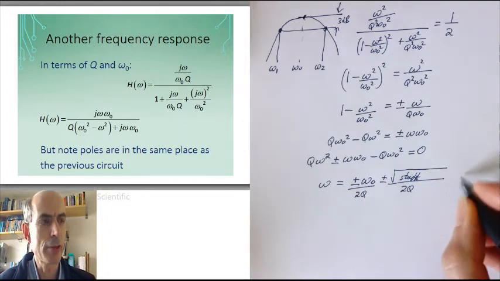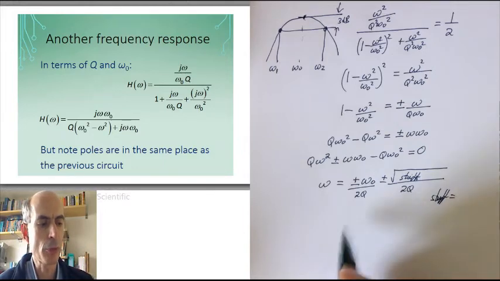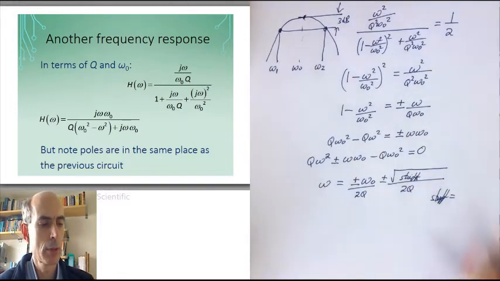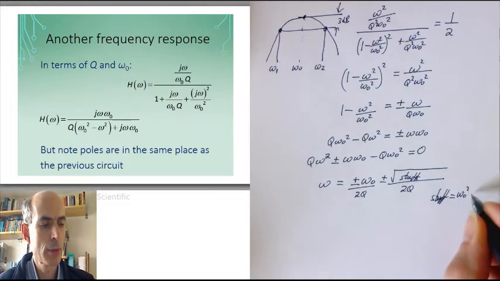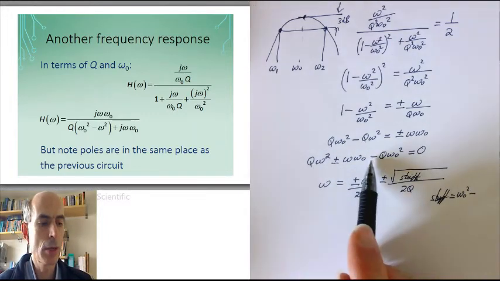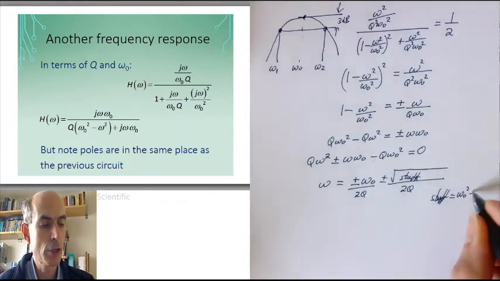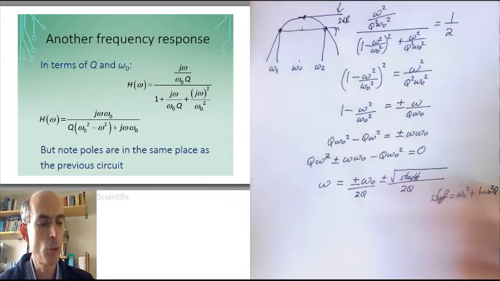This stuff here is actually b squared, which will be omega naught squared, minus 4 times a times c. Well, c is minus Q omega naught, so that's going to be plus 4 omega naught squared Q, and there's another Q coming from here.